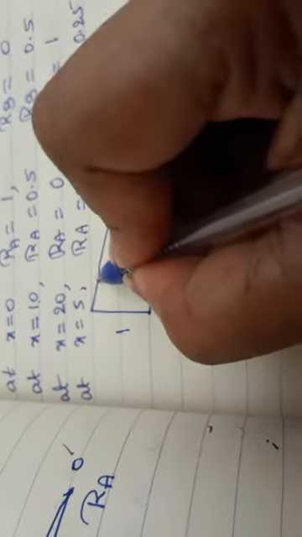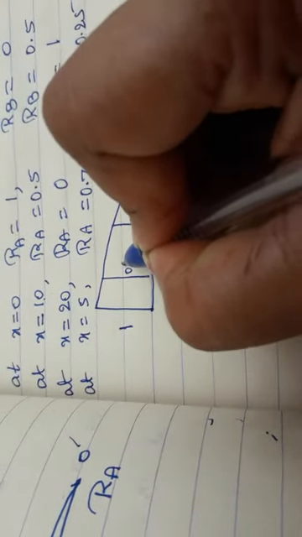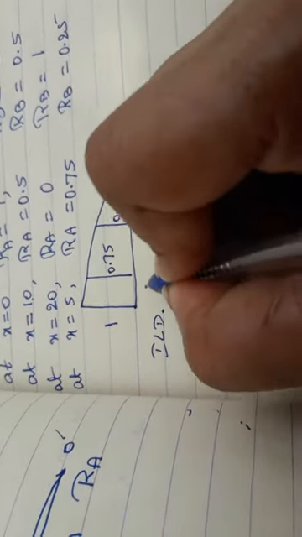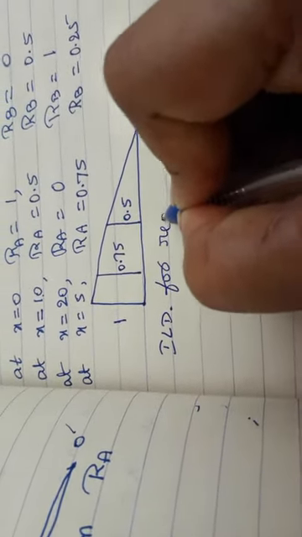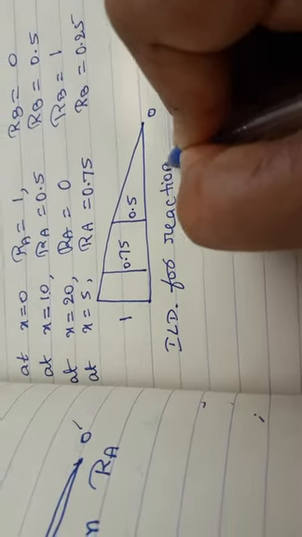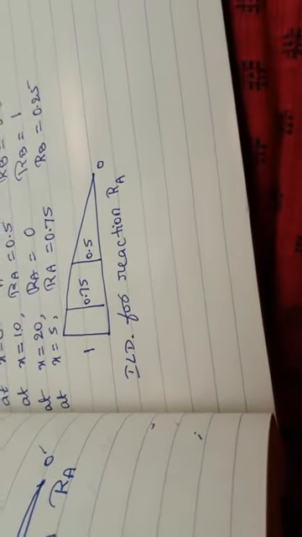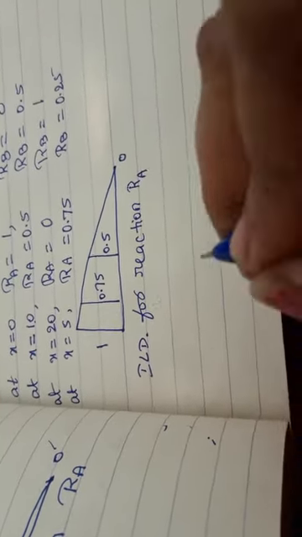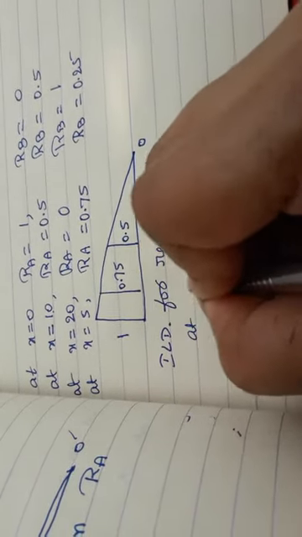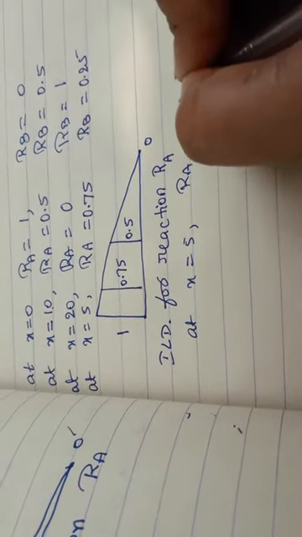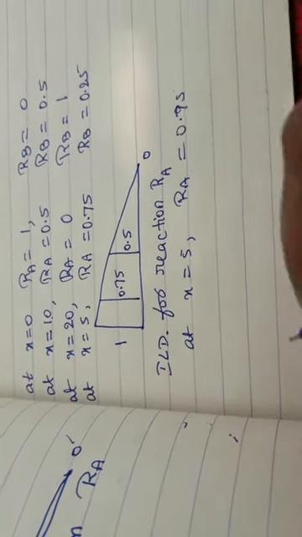So, at X is equal to 5 meter, you have 0.75. This is the influence line diagram for reaction RA. So, we have to calculate at X is equal to 5, what is RA. At X is equal to 5, RA is equal to 0.75.